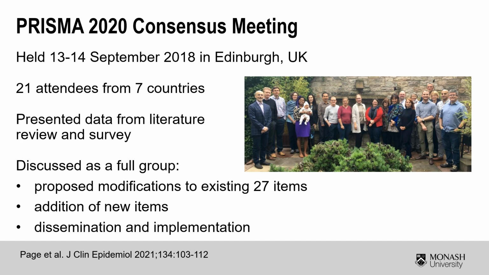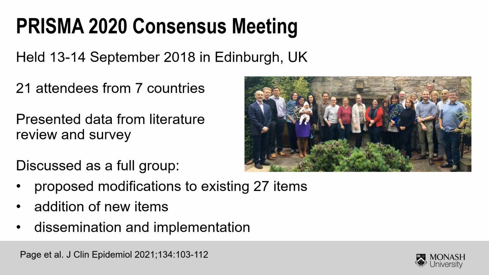And we had 21 attendees from 7 countries and presented the data from these 2 initial steps, and then discussed as a full group how to go about modifying the existing items, whether they needed any modification at all, whether to include certain items, and then how to go about disseminating and implementing PRISMA 2020 once it was completed.